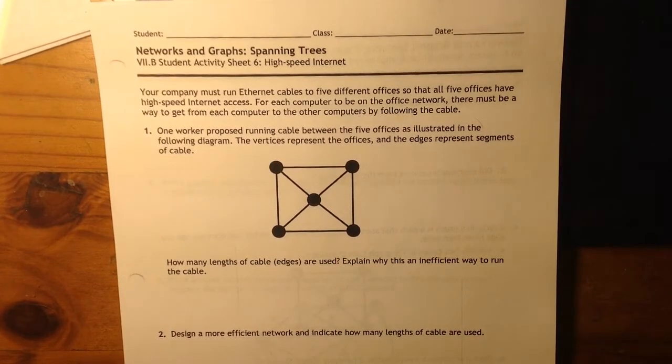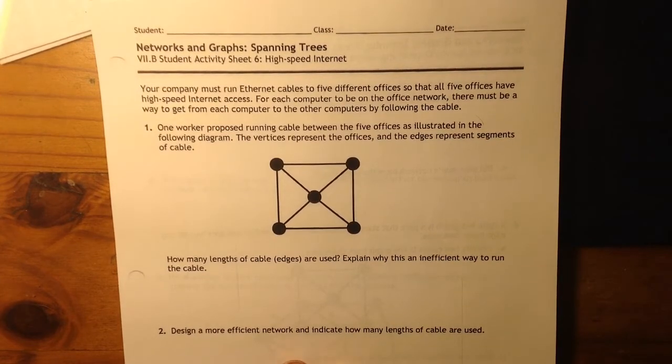So the questions here are, the first 2, how many lengths of cable, edges, are used, and explain why this is an inefficient way to run the cable. All right, why is this inefficient? And then number 2, design a more efficient network and indicate how many lengths of cable are used.